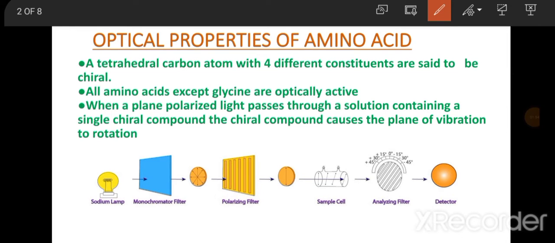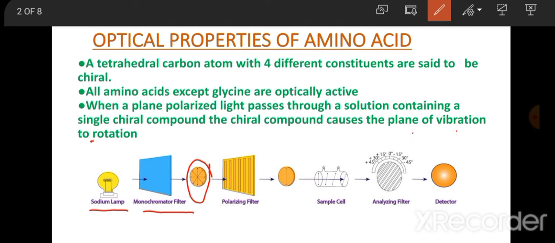When a plane polarized light passes through a solution containing a single chiral compound, the chiral compound causes the plane of vibration to rotate. The light comes from a sodium lamp and passes through a monochromator filter.